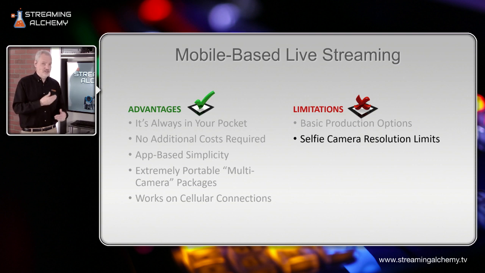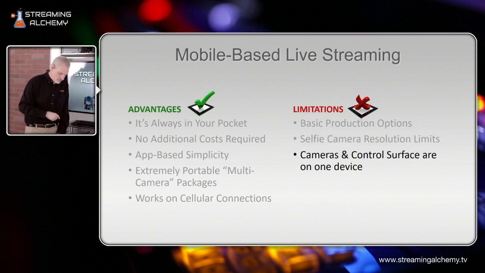The front-facing camera, the selfie camera on the iPhone, is only 7 megapixel, and that actually can only go up to 720p. Maybe in the latest iPhones that's a bit different, but you still have fairly limited resolution compared to your rear-facing camera. So if selfie streams are your normal mode of live streaming, this would be something to keep in mind, that you do have some limitations there.